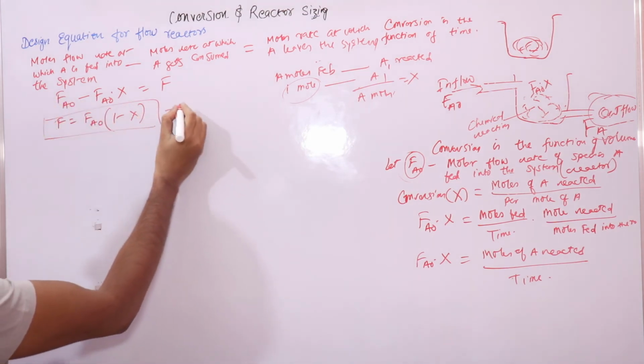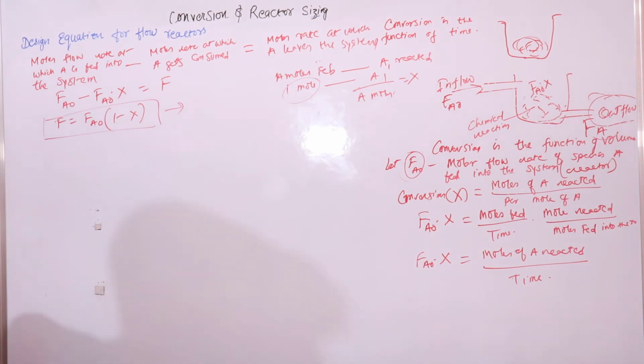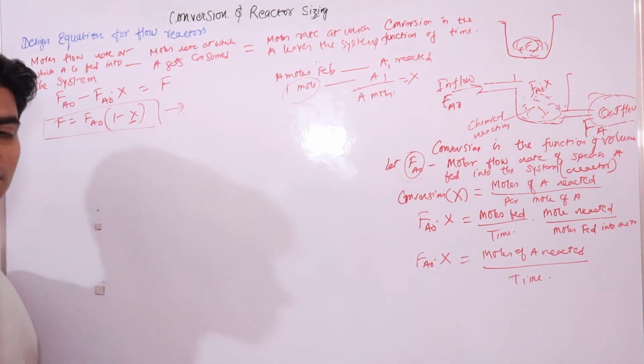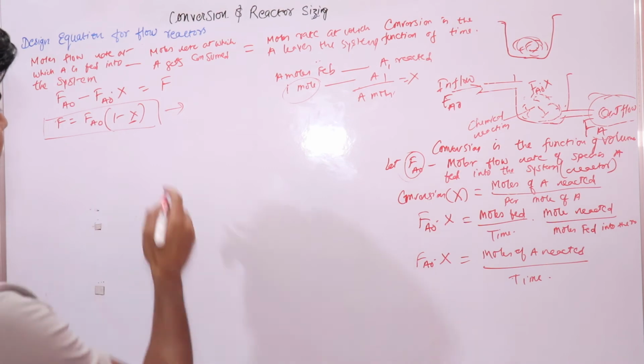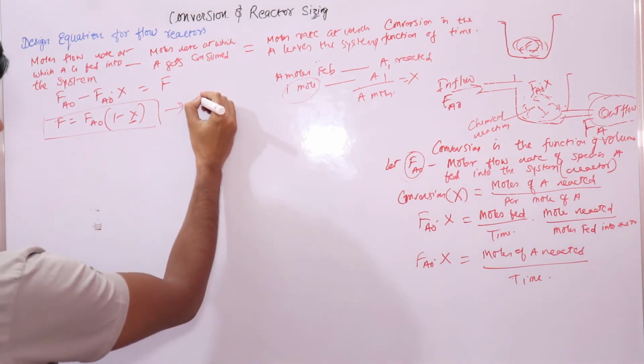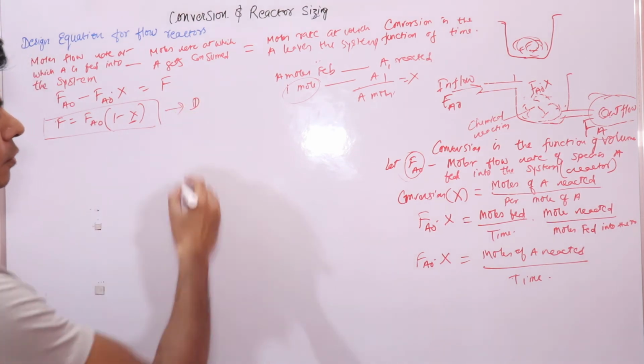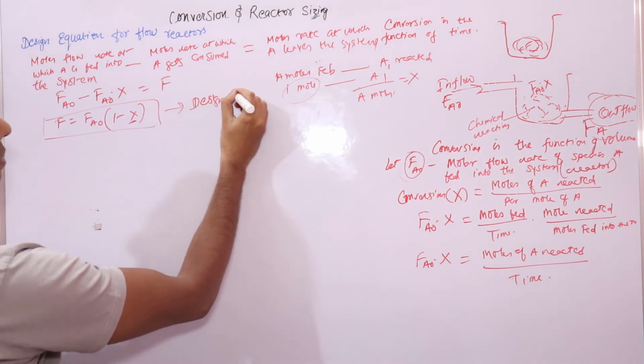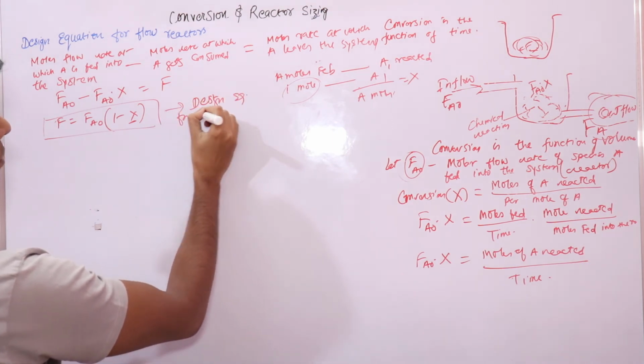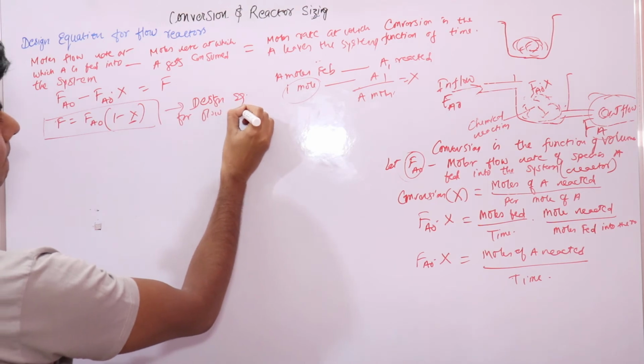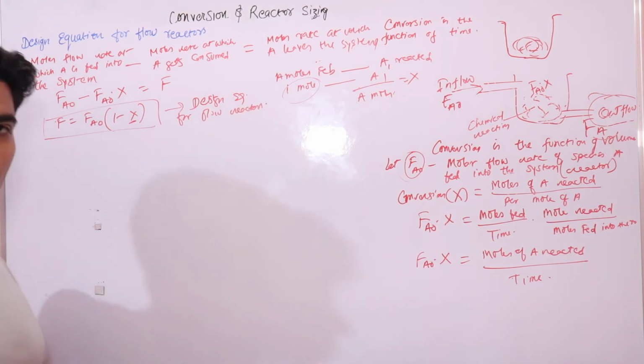This is your design equation. This is an expression that contains your conversion X. This is your design equation for flow reactors.